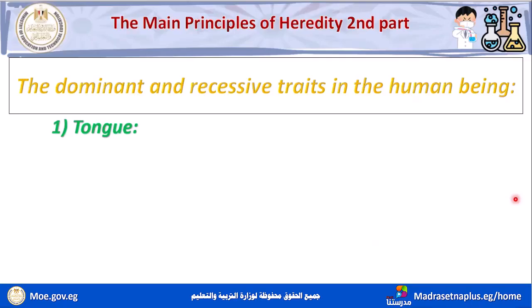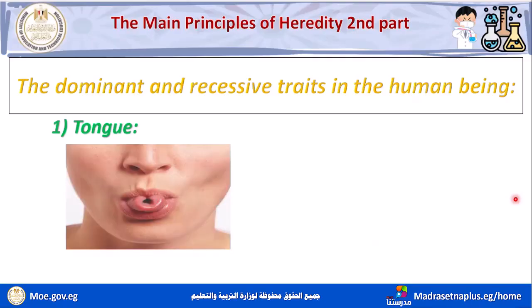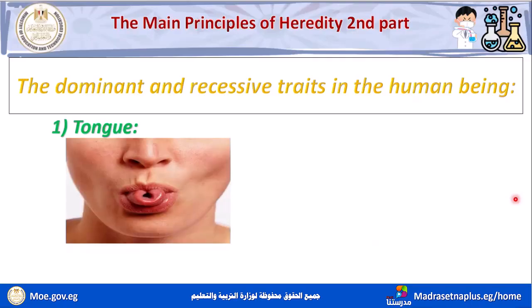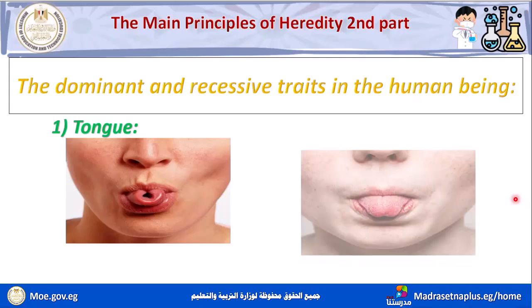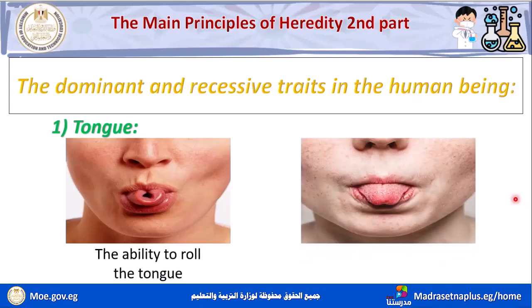Number one, tongue: the ability to roll the tongue, dominant trait, and the inability to roll the tongue, recessive trait.